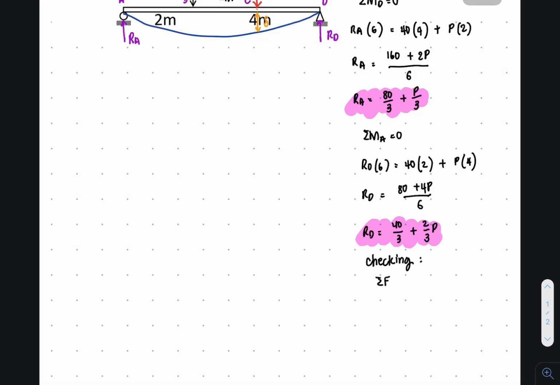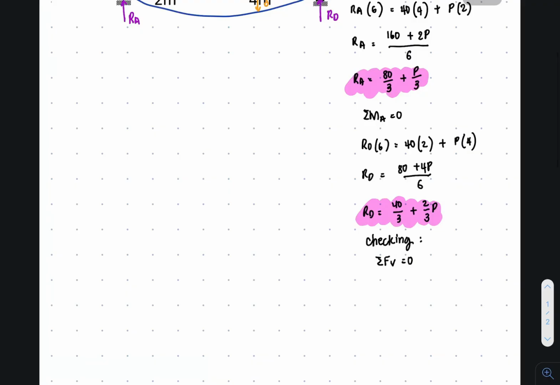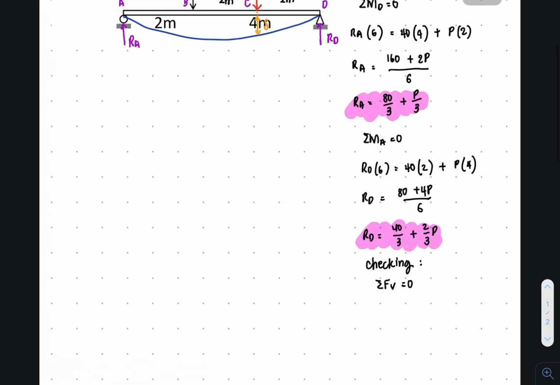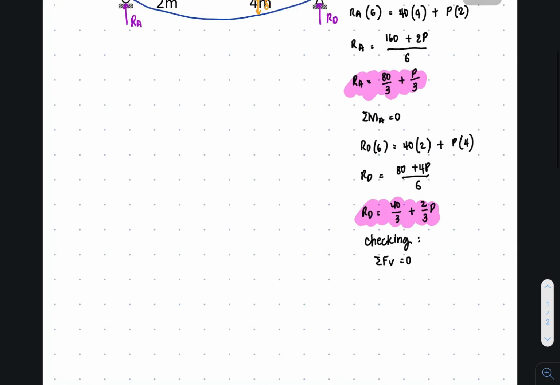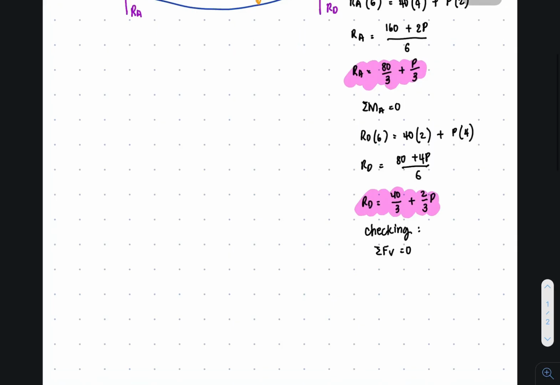So if we try to check whether our reactions are correct, then we can have the checking, summation of forces vertical. Having these reactions not correct will really not give you the correct values of your deflection and slope. So you just have to make sure that all your reactions are correct.